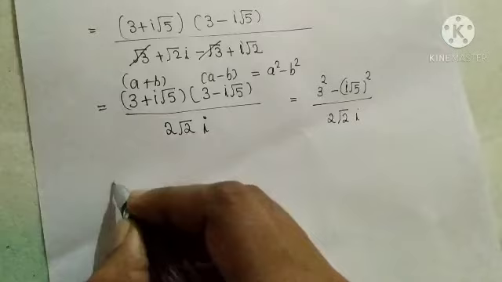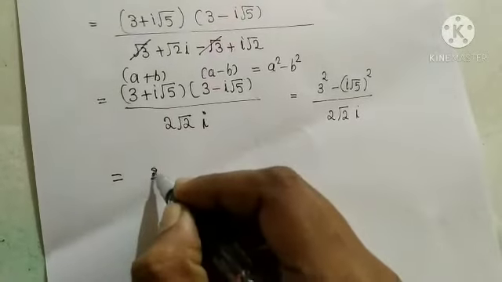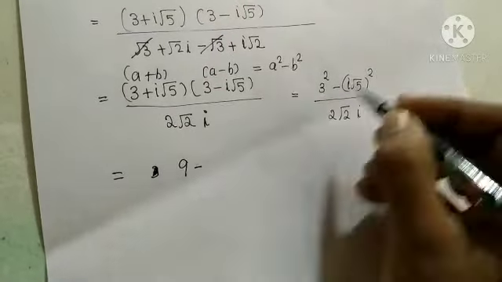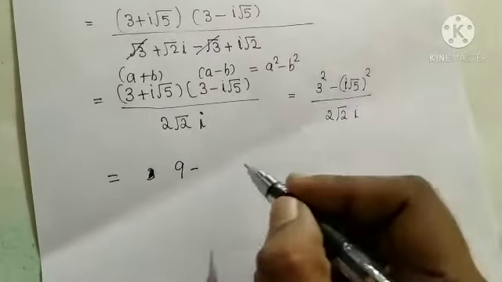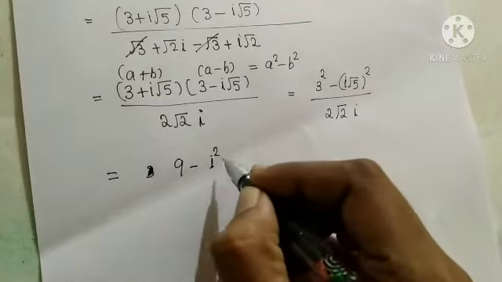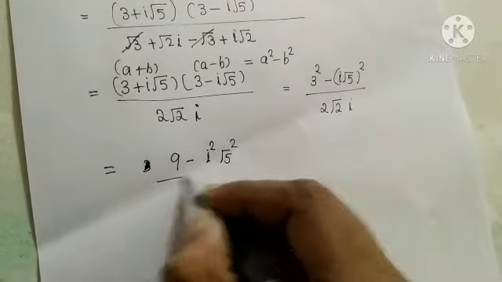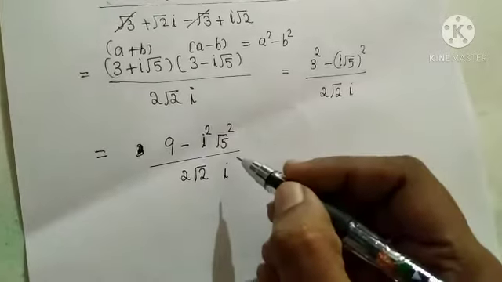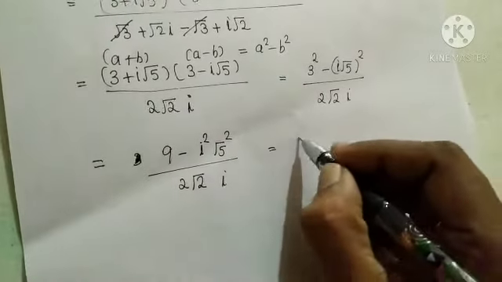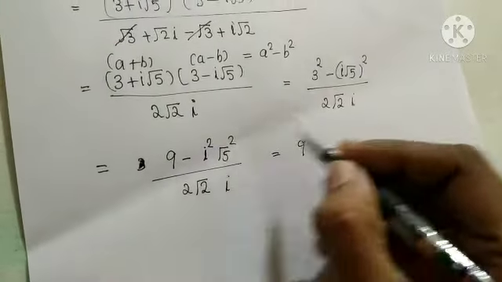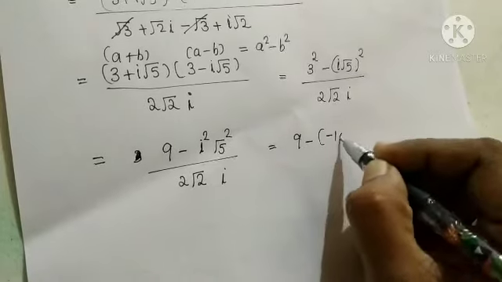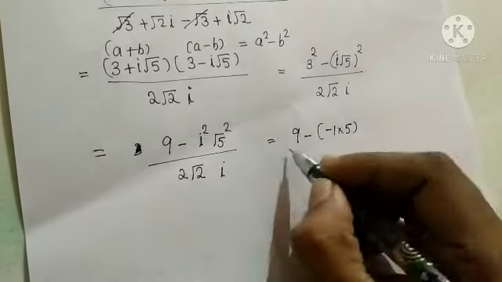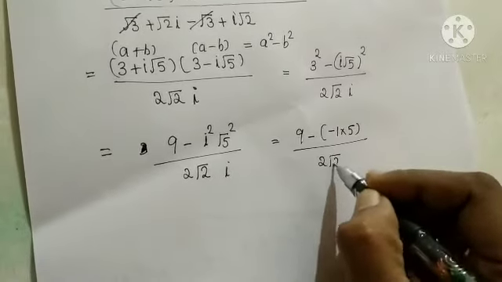This is further equal to 9 minus i square into root 5 square. The value of i square is minus 1, and root 5 square is 5, divided by 2 root 2 i.